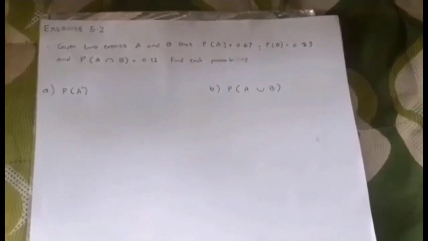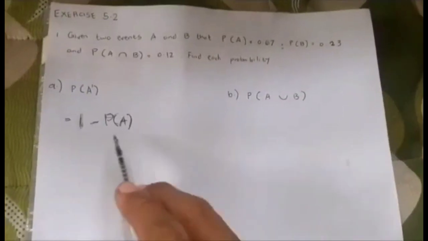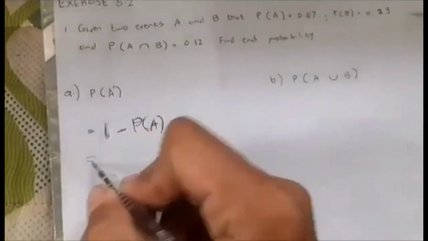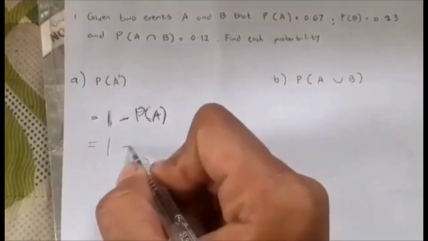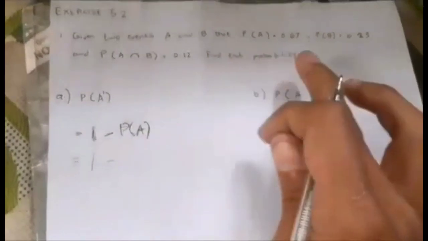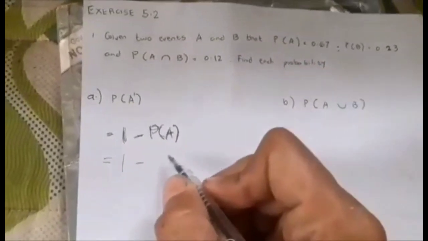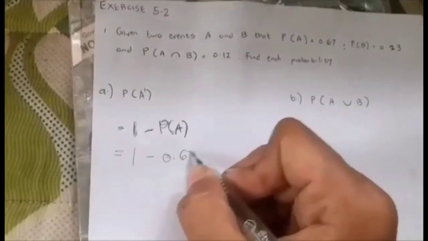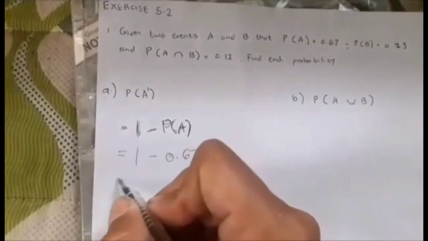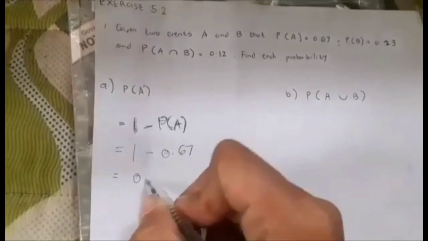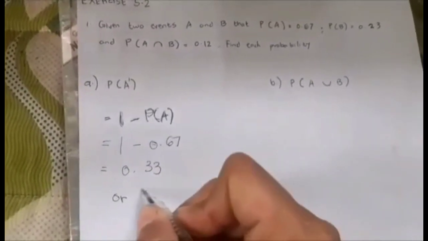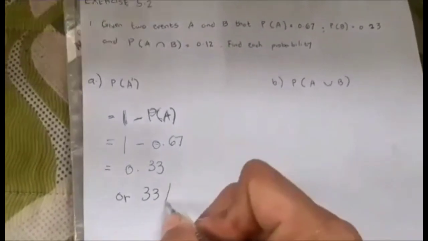So let's start. We use 1 minus the probability of event A. 1 minus 0.67, which is the value of the probability of event A, equals 0.33 or 33%.